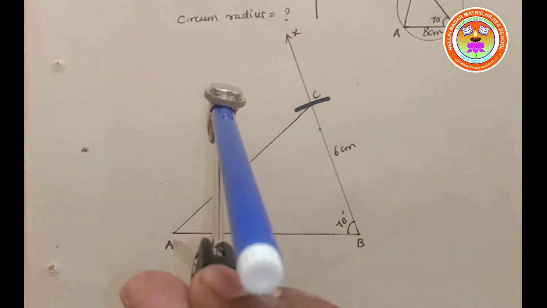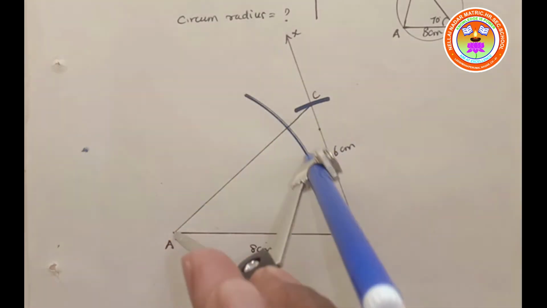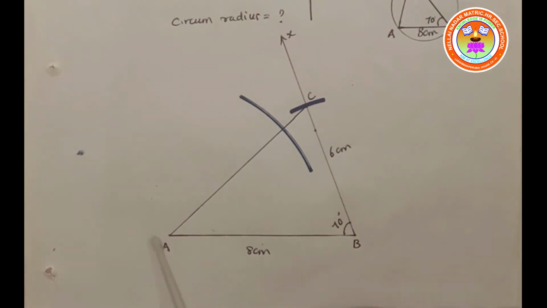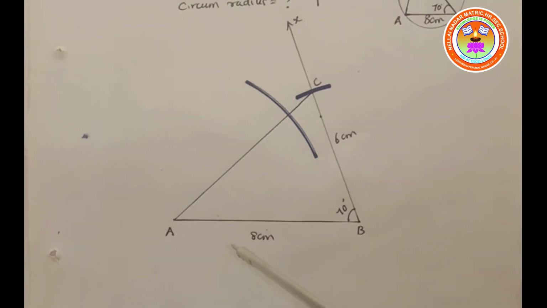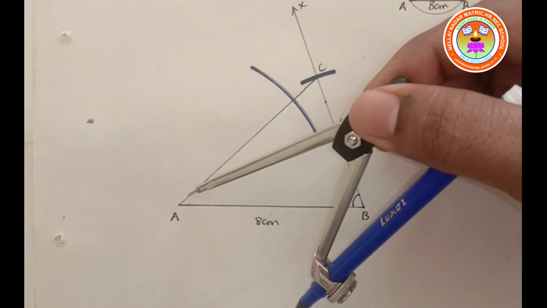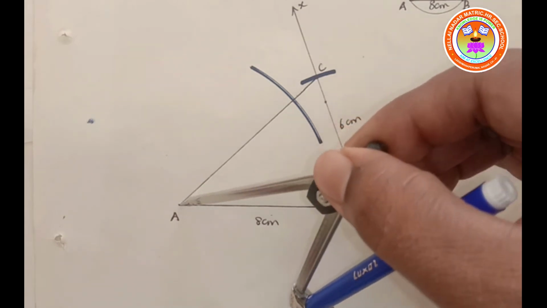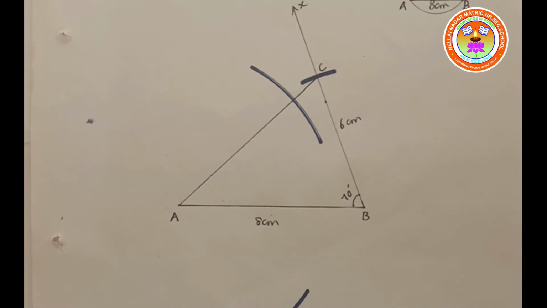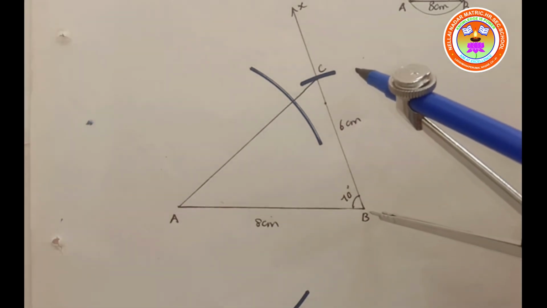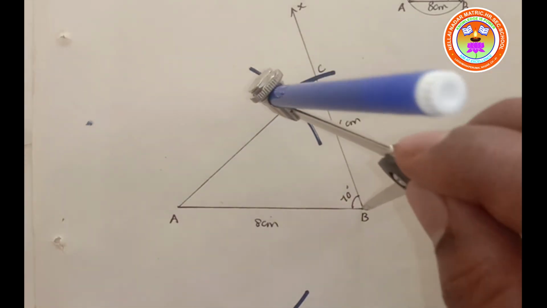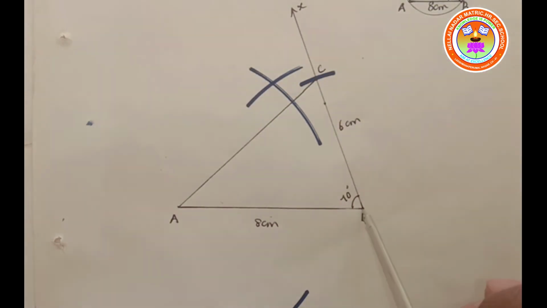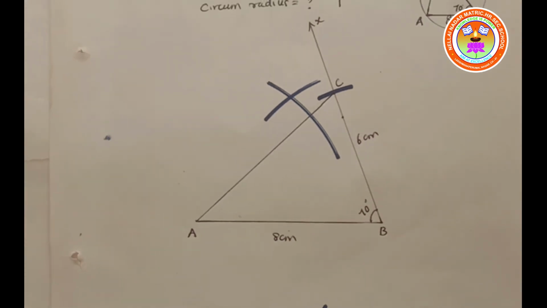From here, again from B, and again from this portion. Okay, now we make it as dotted line.